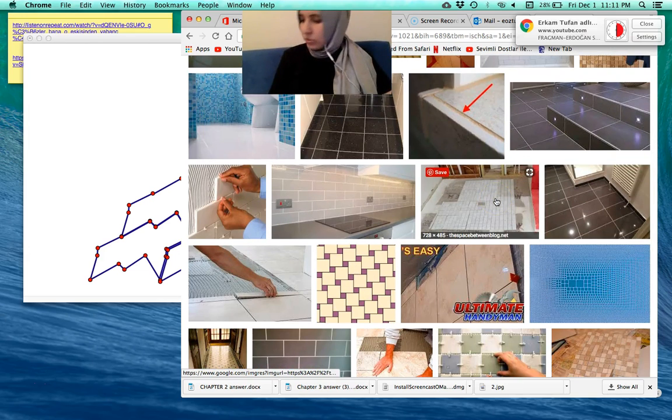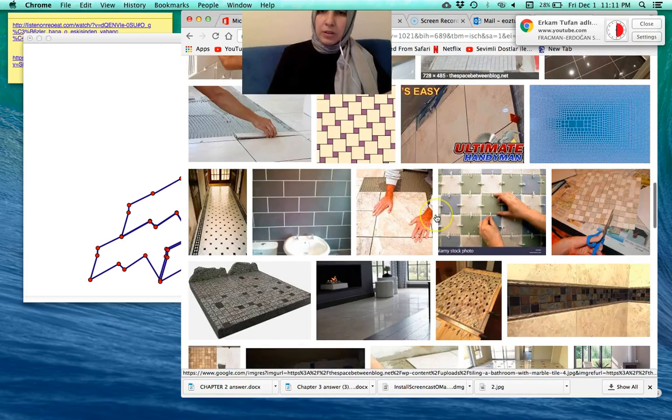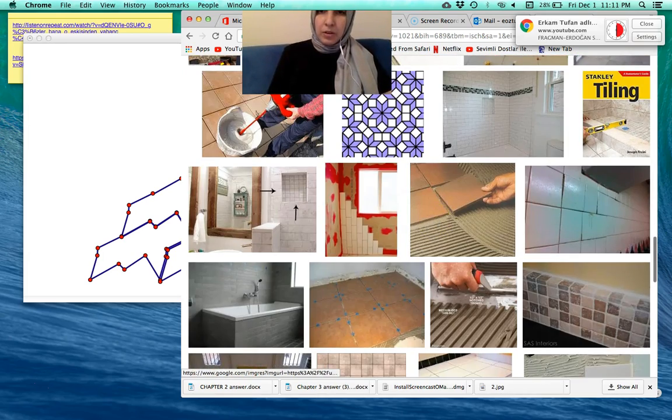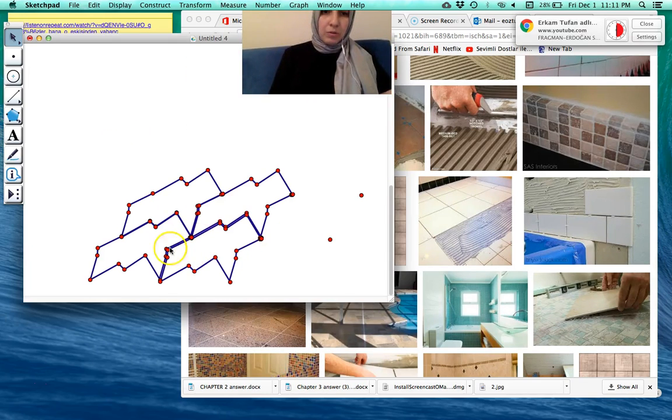Question 35. Can shapes other than polygons be created to tile? Yes. As you see, we can use shapes other than polygons as a tile, and as you see, it's not a regular polygon, but we can tessellate.